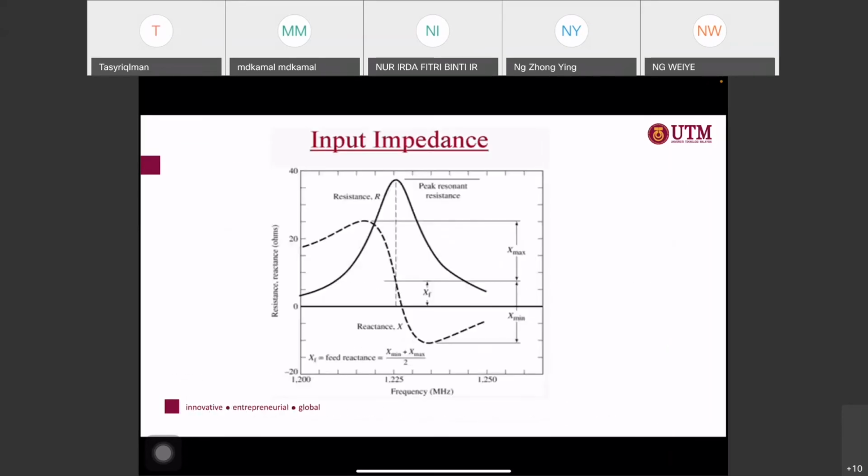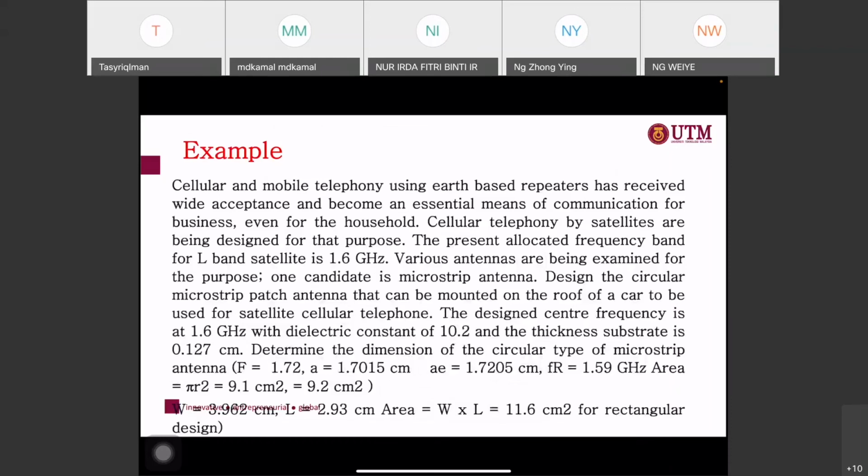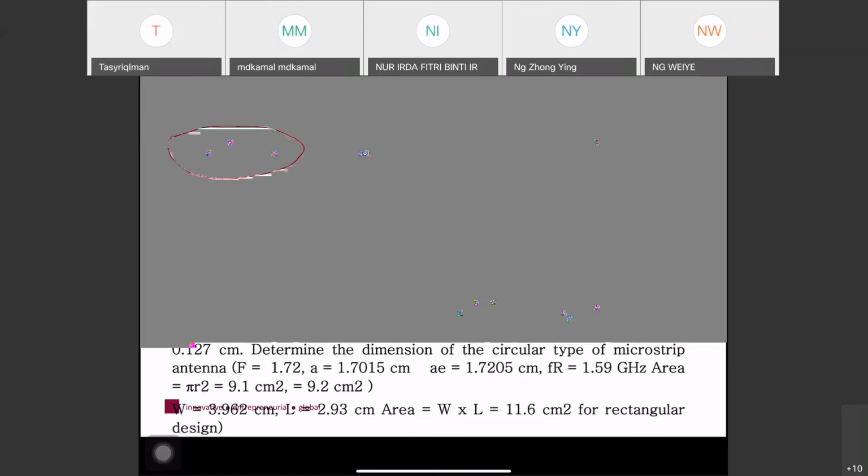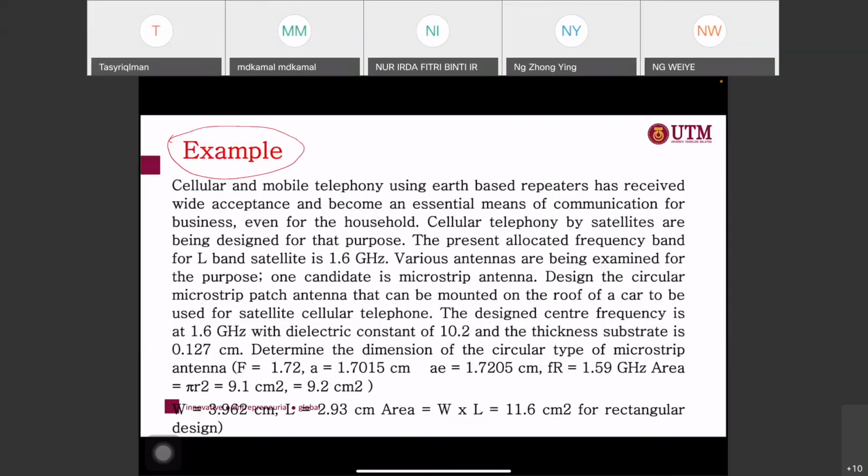Okay, right. Before we dismiss our class today, I just want you to do this particular cellular telephone satellite example. Can you do this example? After that, check whether the values that you are getting are almost the same as the values that I'm giving you now.